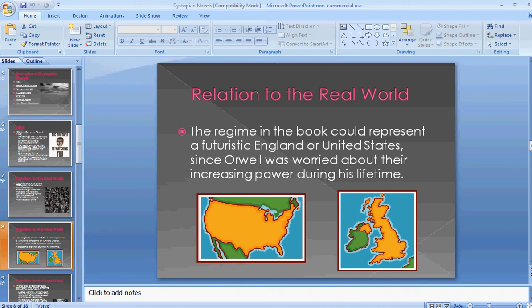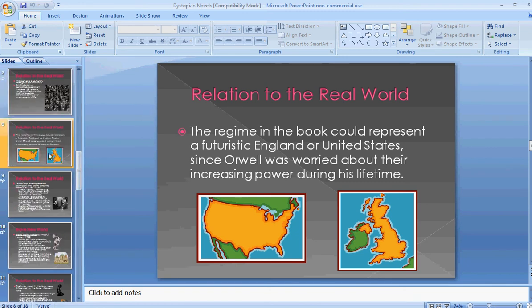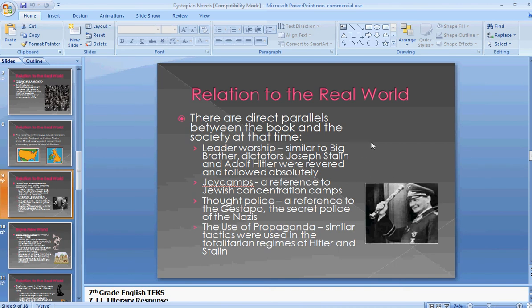So he wrote that book in the late 1940s, when Nazism and Stalinism and communism were all strong at that time. Again, there are direct parallels between the book and the society at that time. He takes a look at leader worship similar to Big Brother.